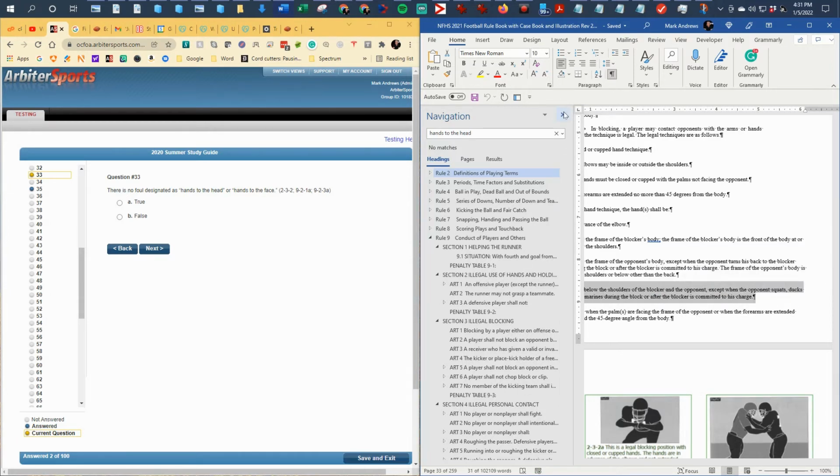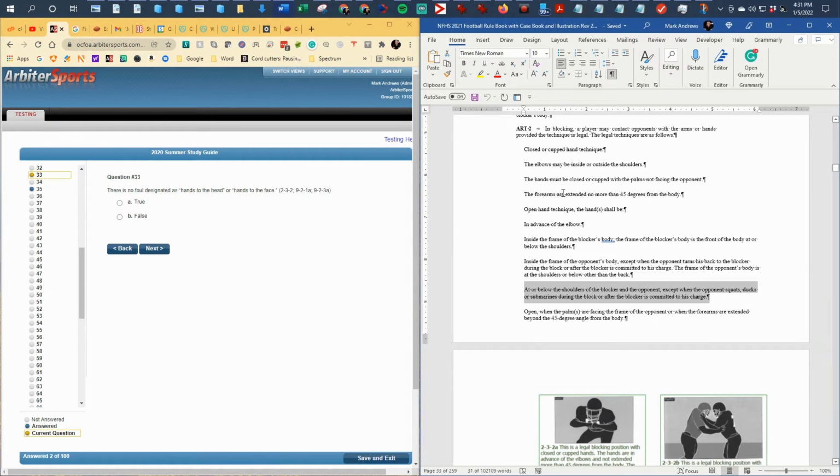Okay, get rid of this here. Submarines during the block or after the blocker is committed to his charge. So that is the prohibition against using your hands above the shoulders to block.